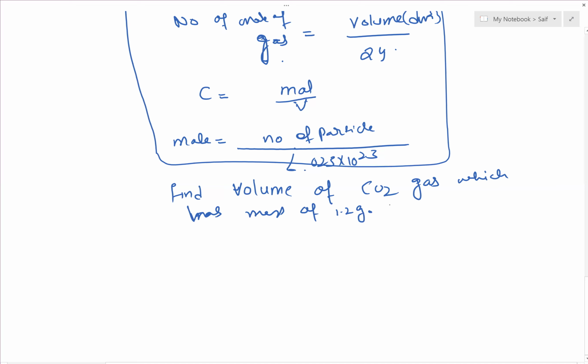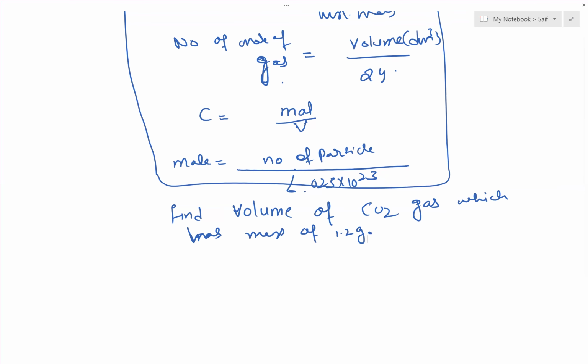Now, what are you going to do? We have to find the volume in decimeter cube, and you are given the mass. So, what should we do now? This is a gas.